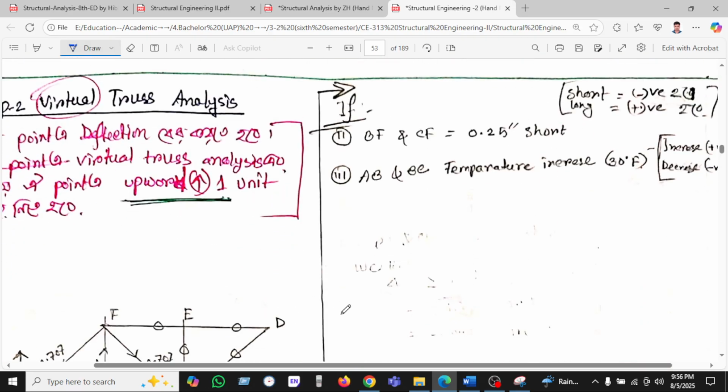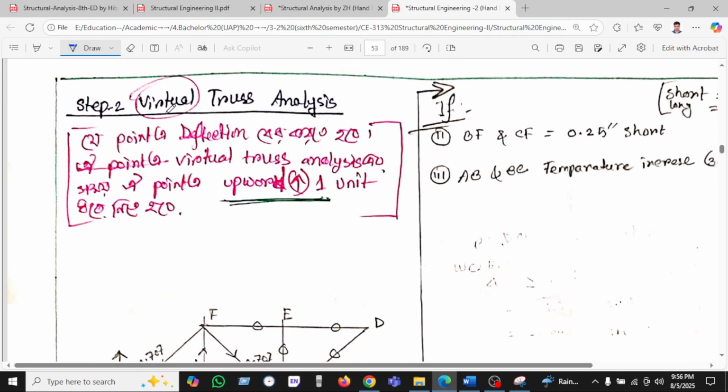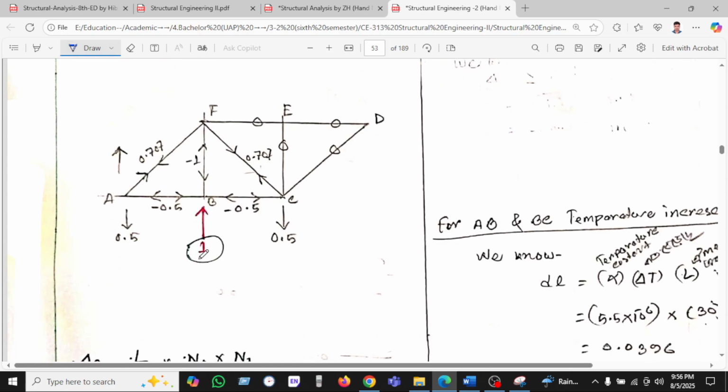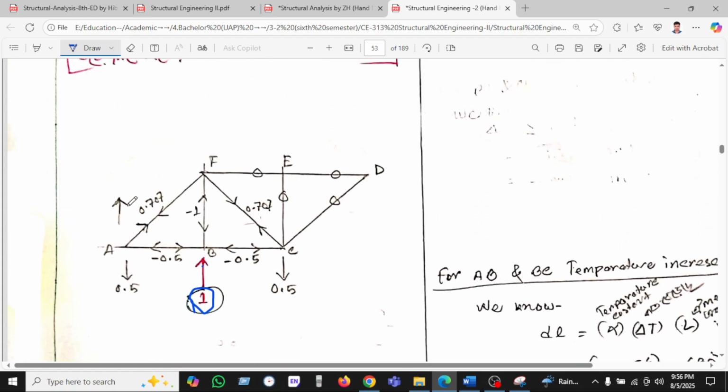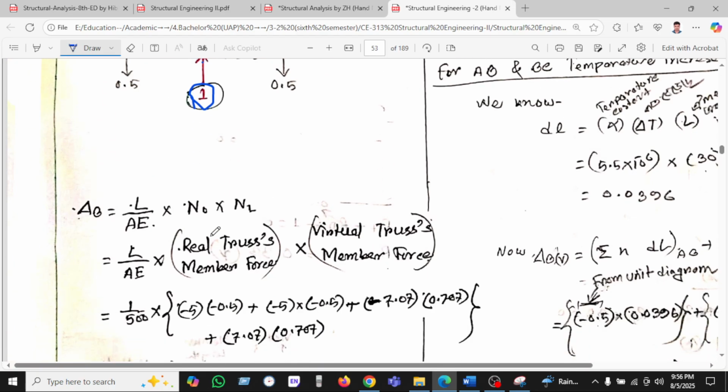In the same way we can use the virtual truss, as we take one load at point B. After the one load is given here, I'm just skipping all these steps as they are very lengthy.